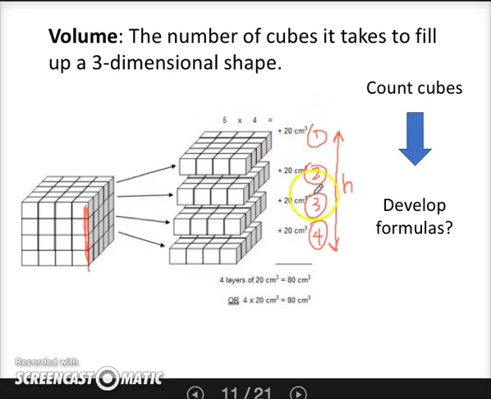Well, we multiplied 4 by essentially how many cubes are in one layer, which is the area of one of the bases. So using this idea, it looks like we could develop a formula that would give us the volume of different three-dimensional solids.